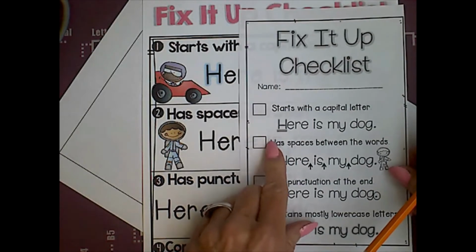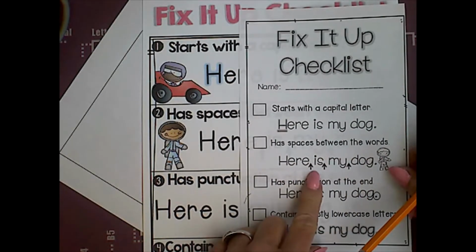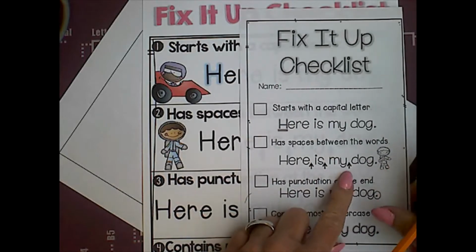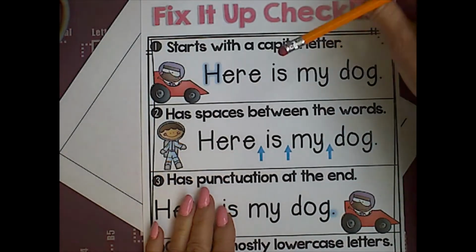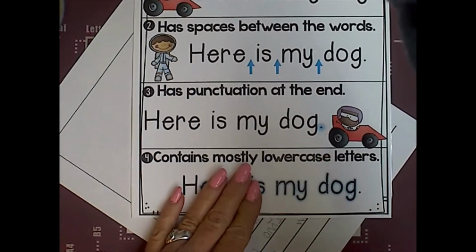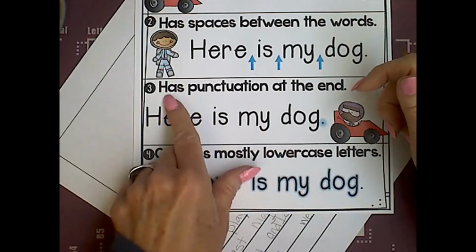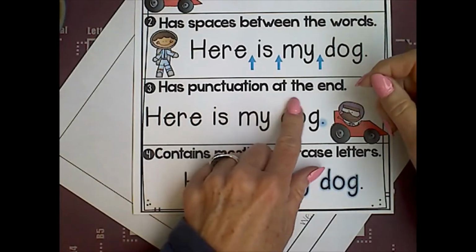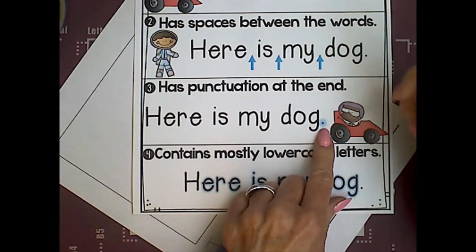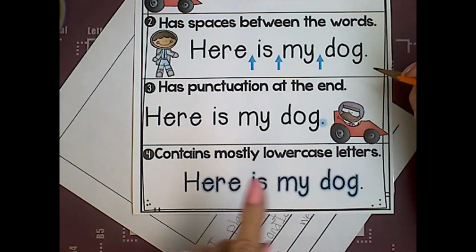And that is right here, has spaces between the words, and you can see the arrows to remind you about the spaces. Okay, the next one says has punctuation at the end, and you can see that this has a period. You could also have a sentence that requires a question mark or an exclamation mark.